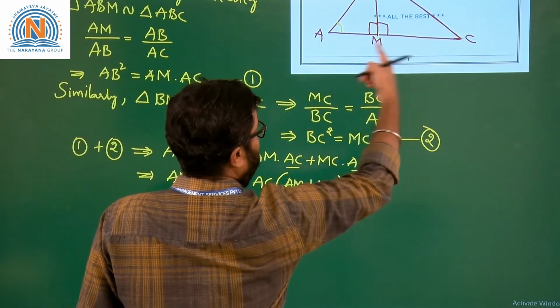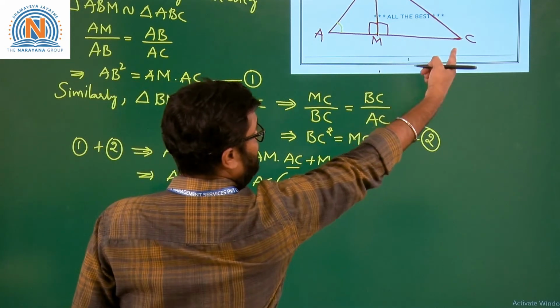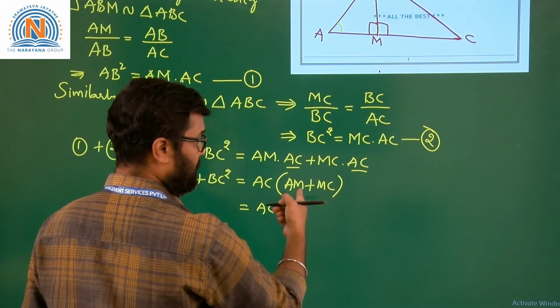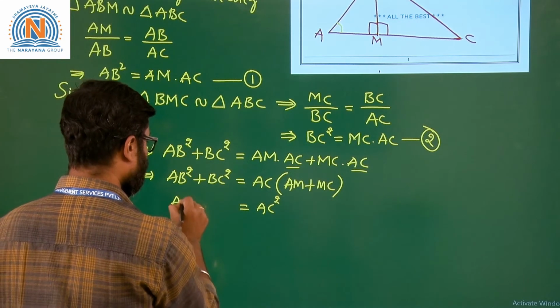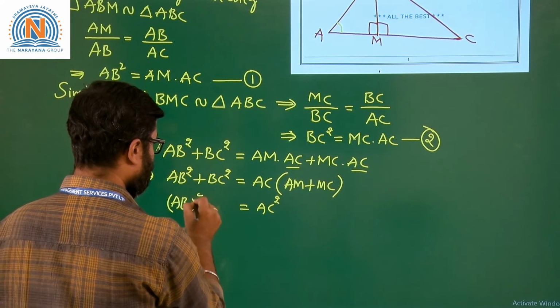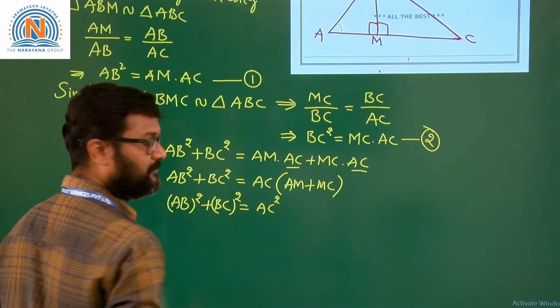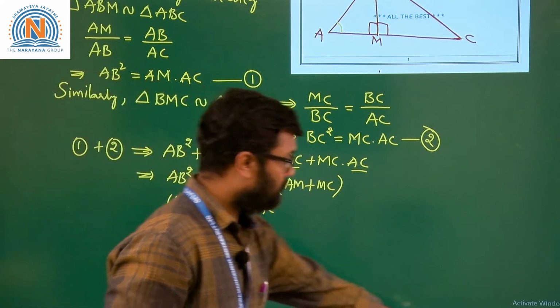AM plus MC, can I write AC? AM plus MC is nothing but AC, that is AC into AC. Here it will get AC, then it will become square. So now AB square plus BC square is equal to what, children? AC square. So hence we proved, isn't it?